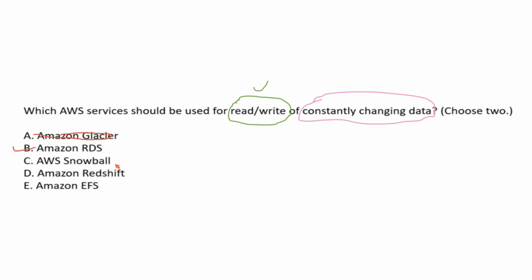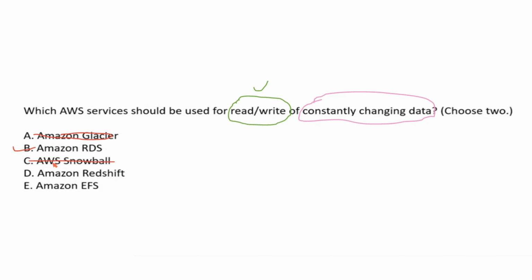Now let us see the third option, which says AWS Snowball. Snowball is related to migration of data from one place to another. If we have a large amount of data and want to move that data from one premise to another premise, then we use Snowball. So this cannot be used for constantly changing data, and hence this cannot be our answer.